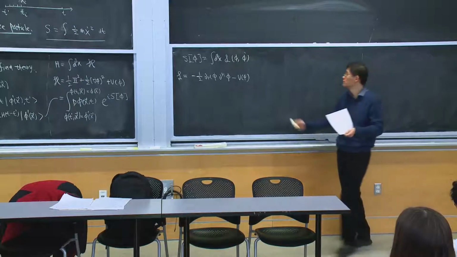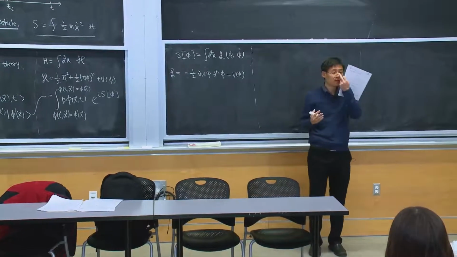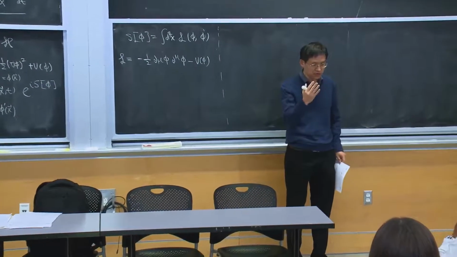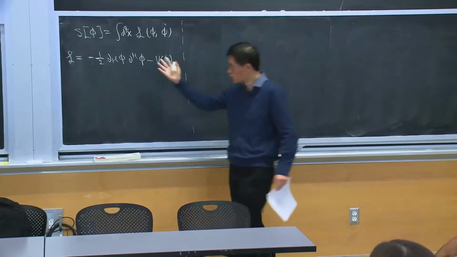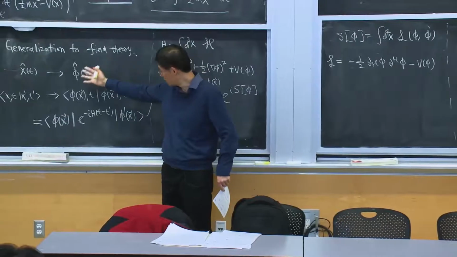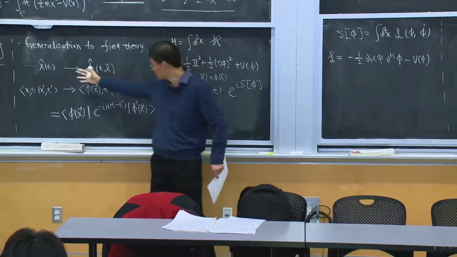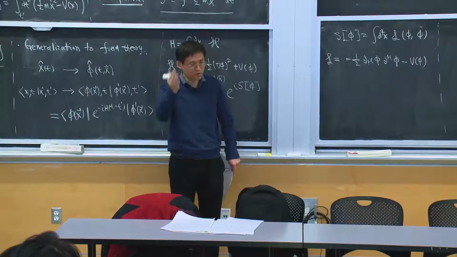Good? Whenever you get confused about path integrals in field theory, try to translate into the language of a single particle by doing this kind of replacement, and then you will be able to settle your problem.